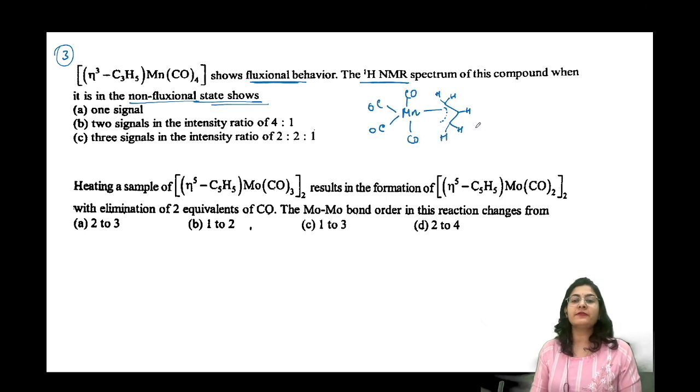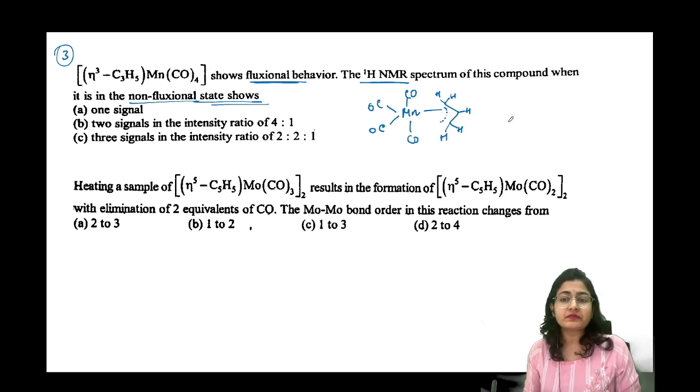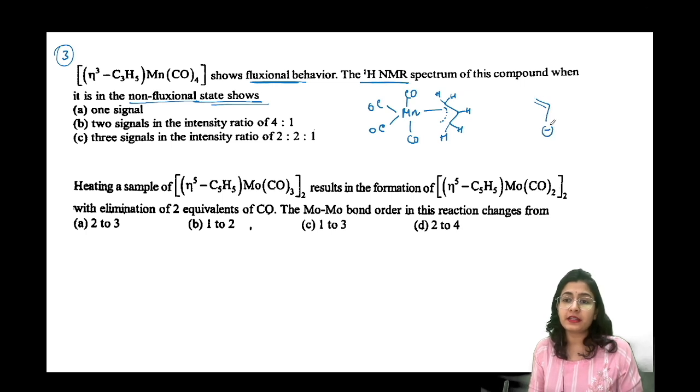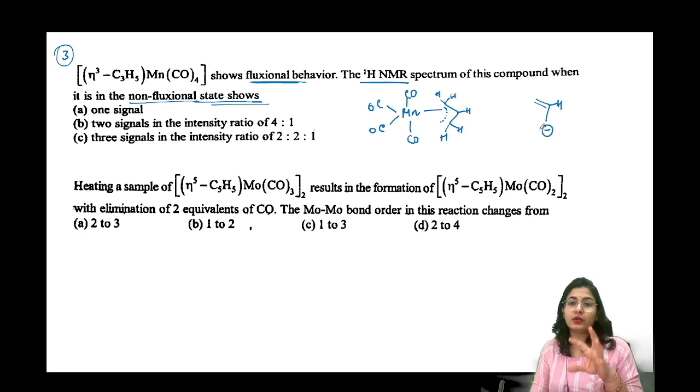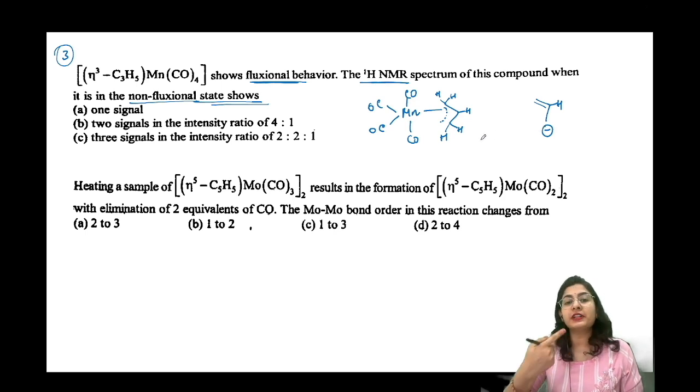C3H5. So basically you have an allylic system like this. This is definitely going to have 1 methine and 2 methylene groups, so total hydrogen 5.